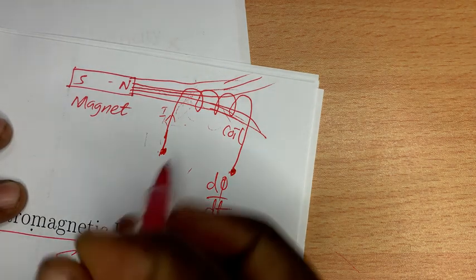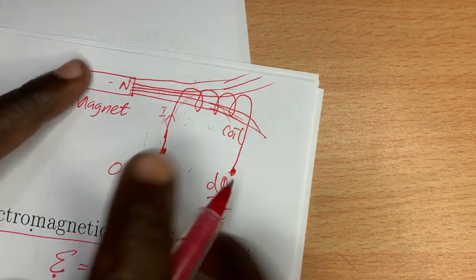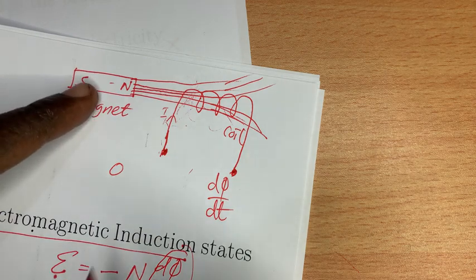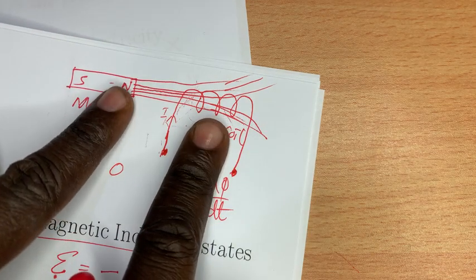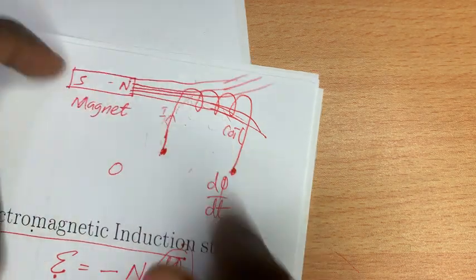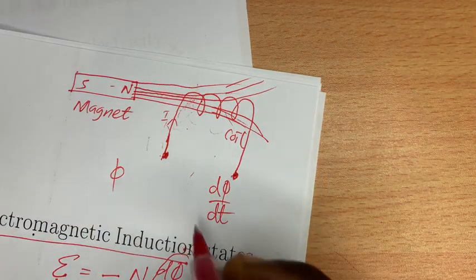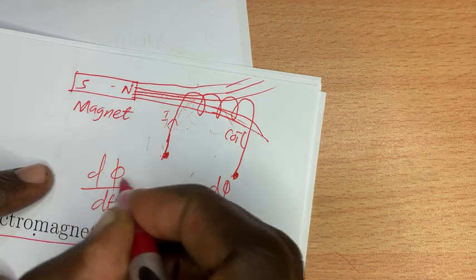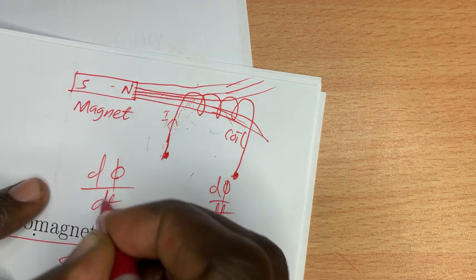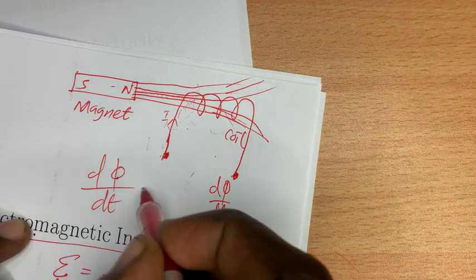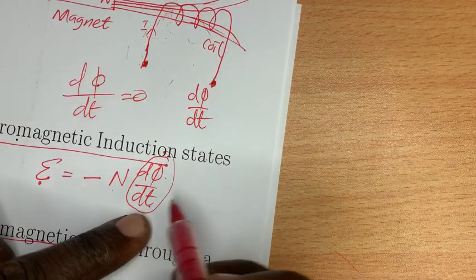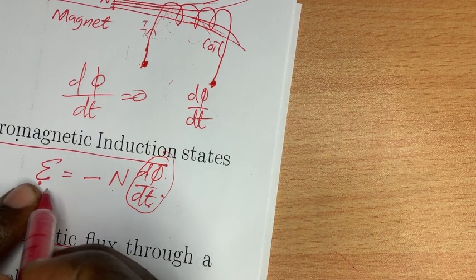This is why we said if they are stationary, it is 0, there will be no EMF, because the flux is constant, and remember the derivative of a constant is 0. So d phi dt will be 0 and my EMF will be 0.